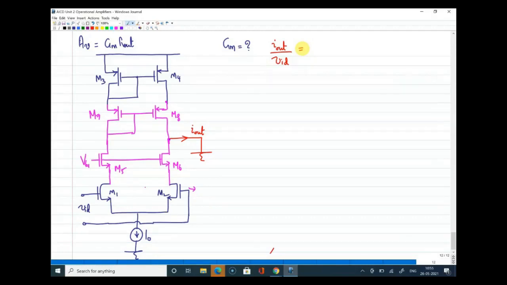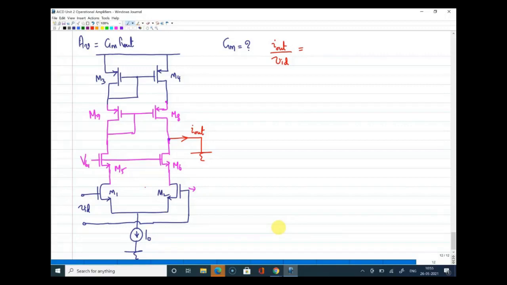Rather, we will find the Gm pictorially using the same circuit diagram. That is what we will do even here, because if you try to draw the equivalent circuit of this, it will be very difficult because there are almost 8 transistors here, no, 9 transistors, including the I naught transistor.